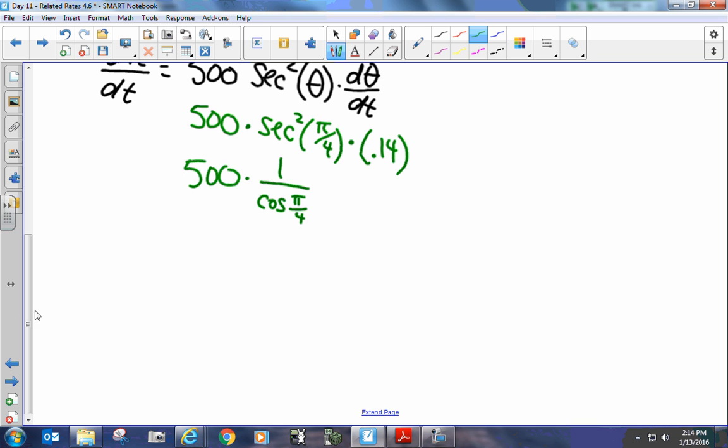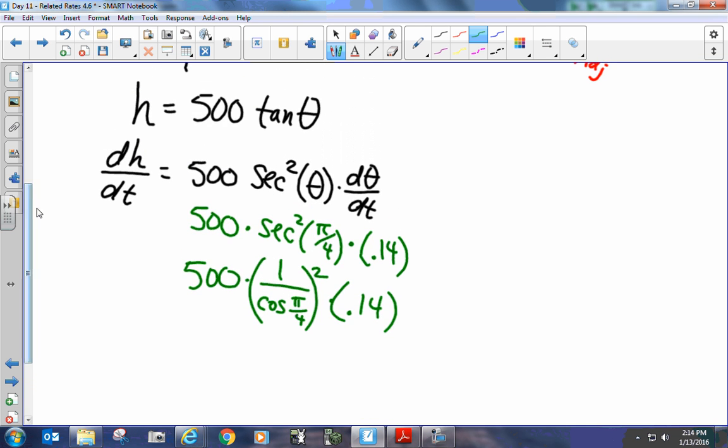Don't forget, it's all squared, times 0.14. Someone tell me what you get right there when you do that. The answer is always T. But for this problem, we're going to veer from that. Okay, what do we get?